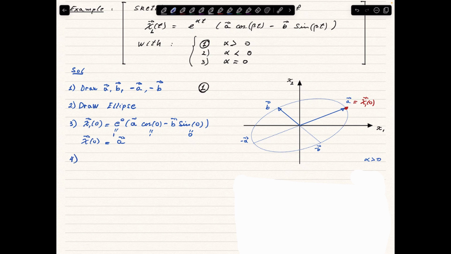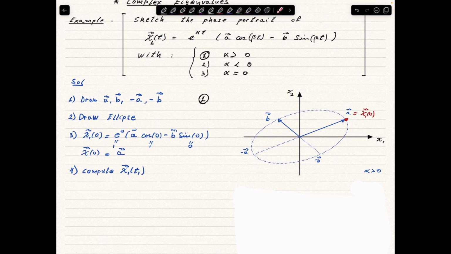The last part of the problem is to compute x1 of t, this is the vector, at one particular point t1, and we are going to choose t1 so that this here is 0 and this here is 1.